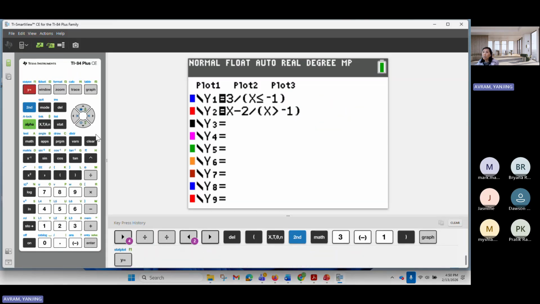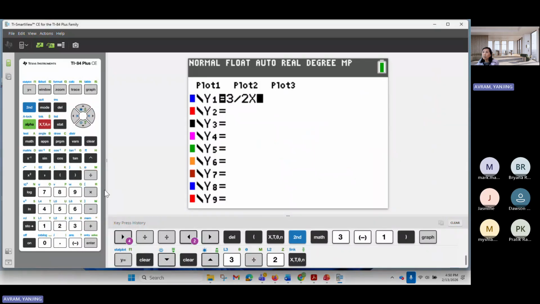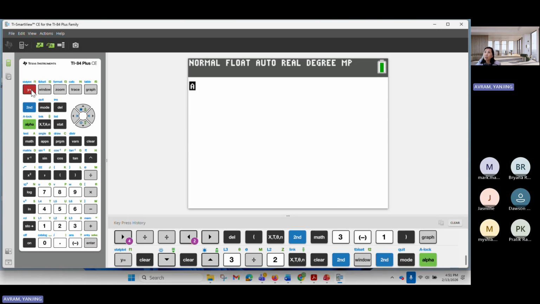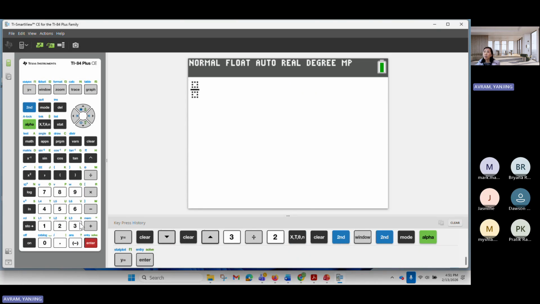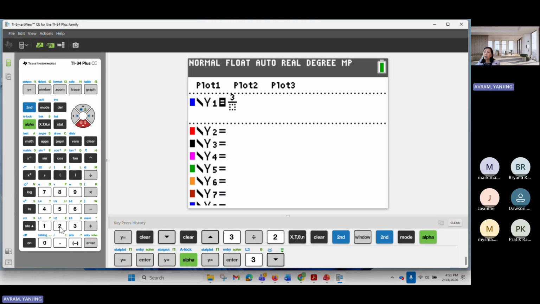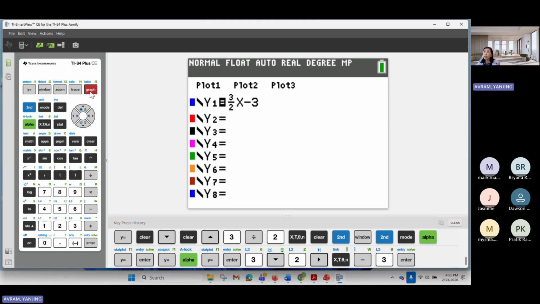If I want to graph the entire thing in a calculator, now I need to have 3 over 2 x minus 3, and then we're going to hit graph.